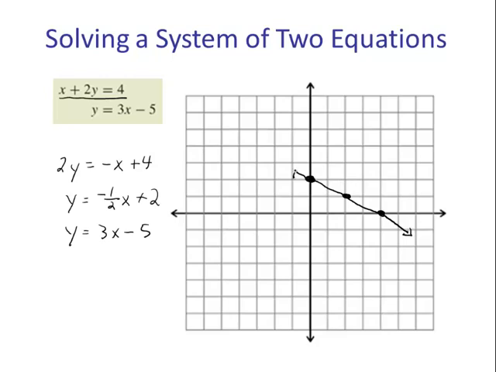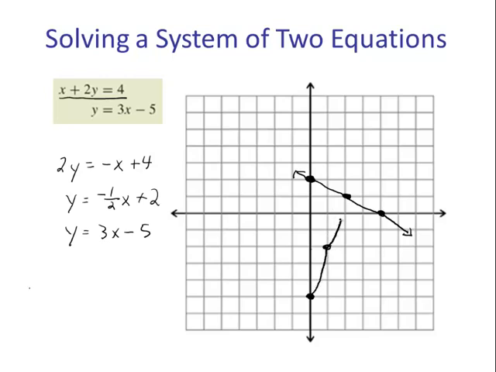Put our arrows. For the second equation, the y-intercept is negative 5. And our slope is a positive 3. So it means I rise 3. 1, 2, 3 over 1.